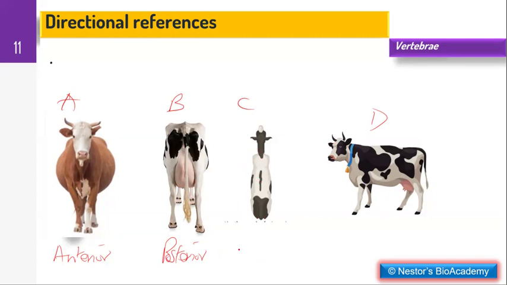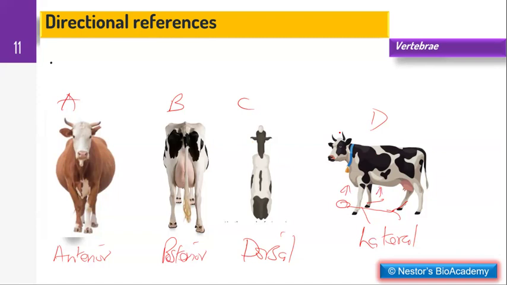So in this case, I'll be saying I'm seeing the dorsal view of the animal. And for this case, this will be a lateral view because I am looking at the cow from the side. If we were to have a ventral view, it would be like, assuming, let's imagine our photographer is down here and then taking a photograph from this end, then we'll be having the ventral view.